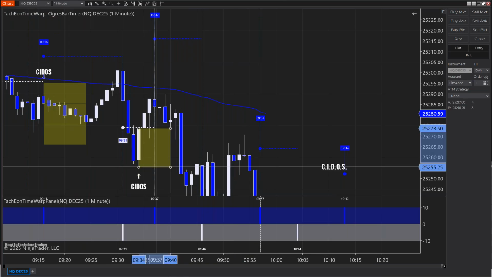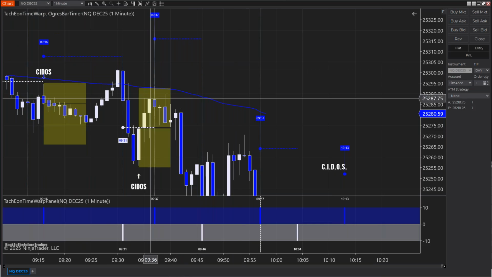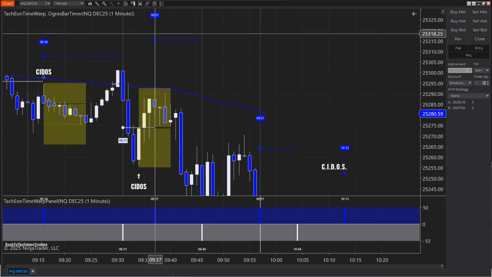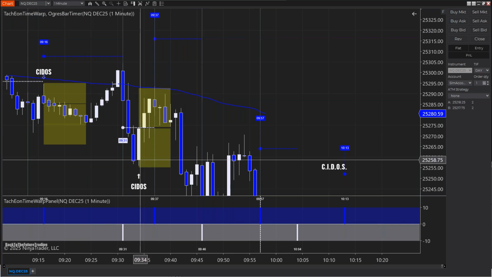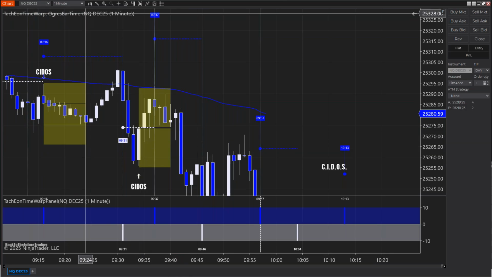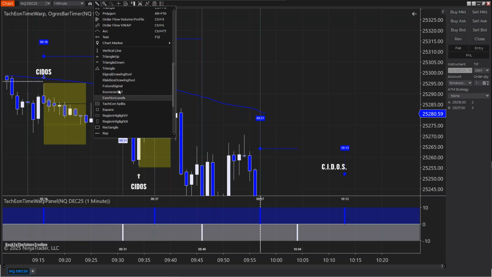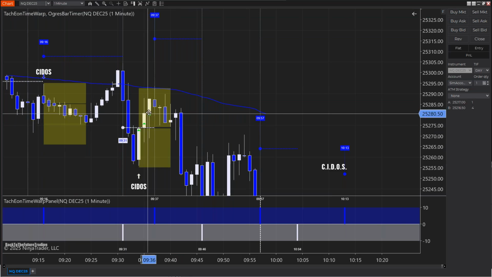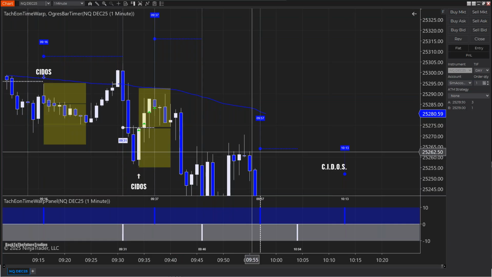My target is at least 100% of that, or being done by the next signal. 9:37 comes. I only had a few minutes for this to work. And so now I'm entering, and I'm in this trade, and I have to be out by 9:37.